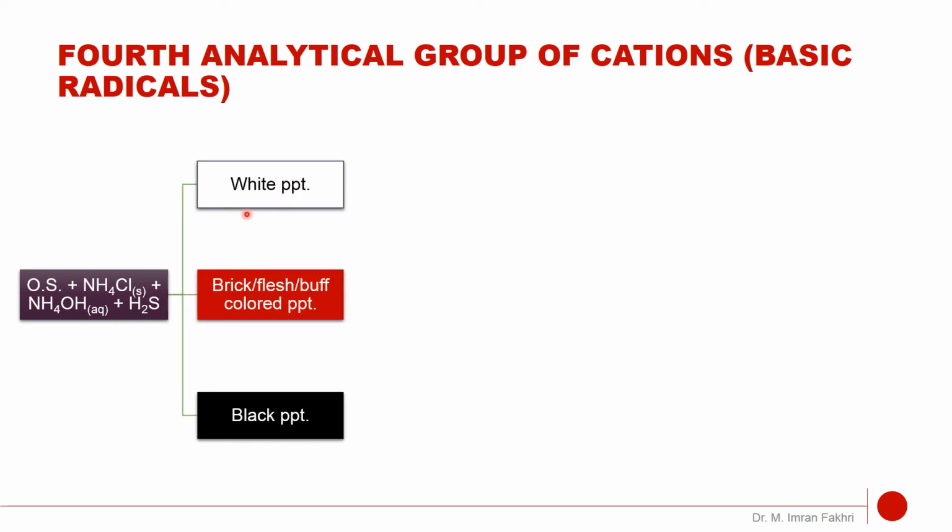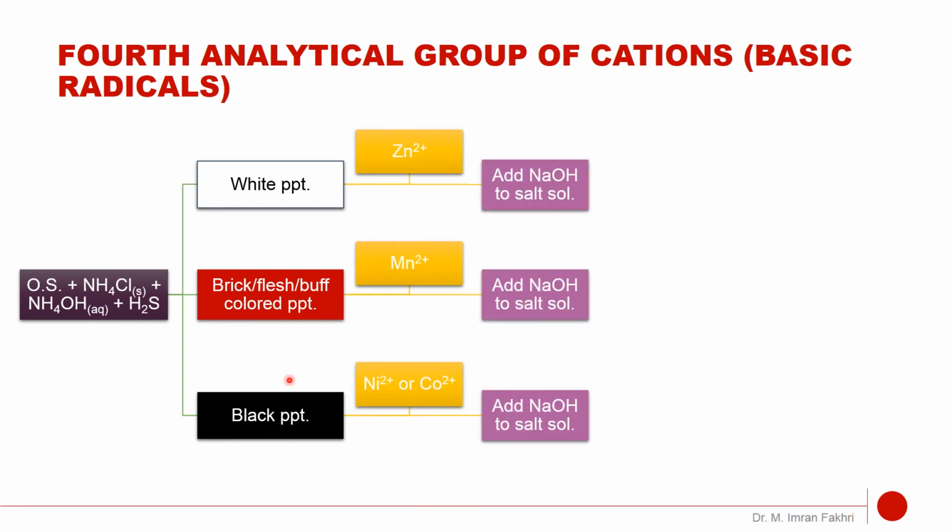We may obtain white precipitates, we may have brick, flesh, buff colored precipitates, and we may have black precipitates. For a white precipitate, we may infer that we have zinc 2 positive ion present, and with the addition of H2S, zinc reacts with the sulfide ion to form zinc sulfide that is white in color.